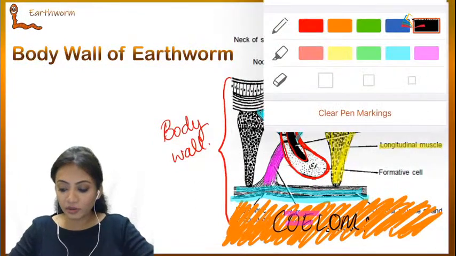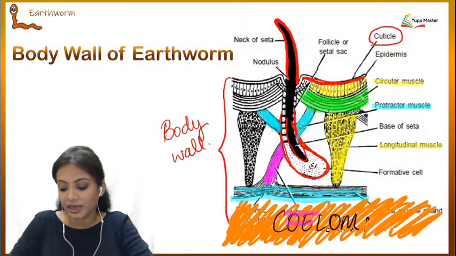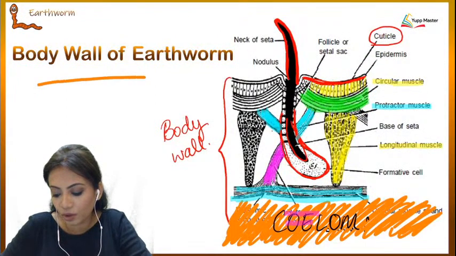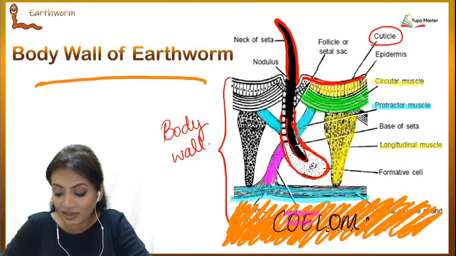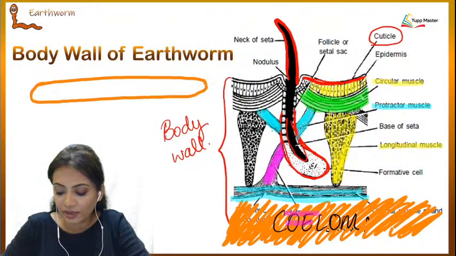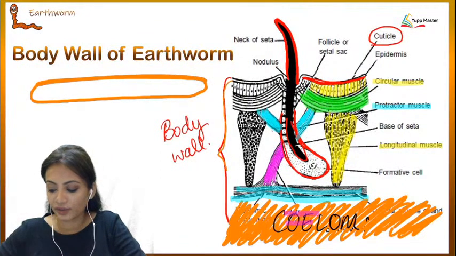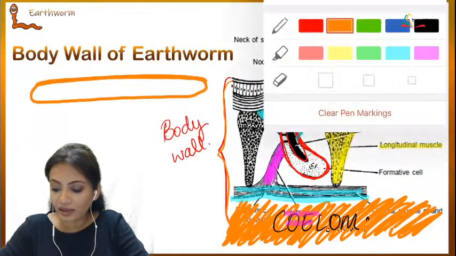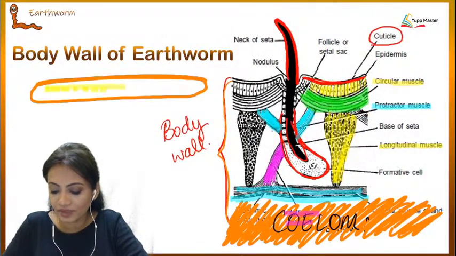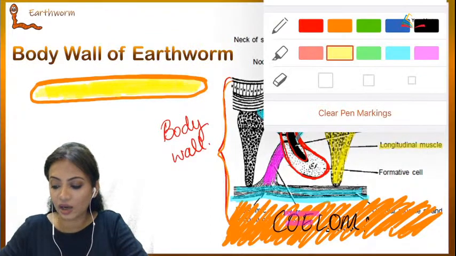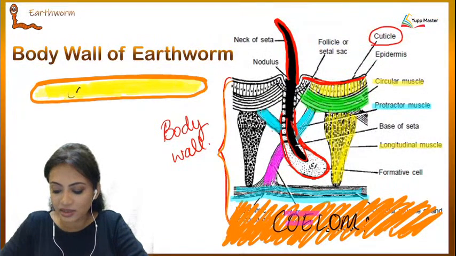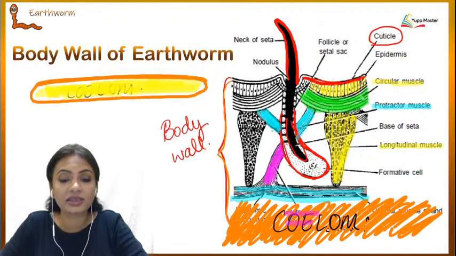So when we're talking about the body wall of this earthworm, can you say that this is the body wall on one side? It is a cylindrical structure, so body wall on the other side. Okay, where this would be the dorsal part having this whole layer over here. Okay, inside the whole body of that earthworm, this region here, this is where you would have the whole digestive system, and this is the region which I could call as the, what could I call this as? The coelom. Okay, so this is the layer of the coelom.